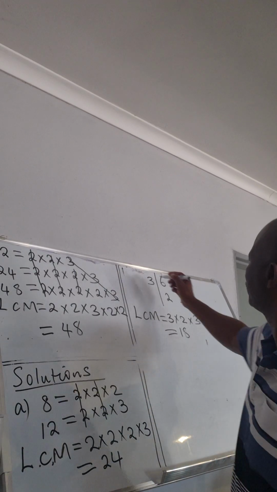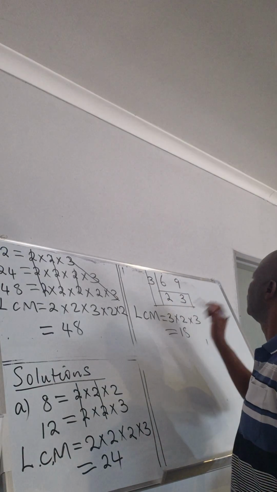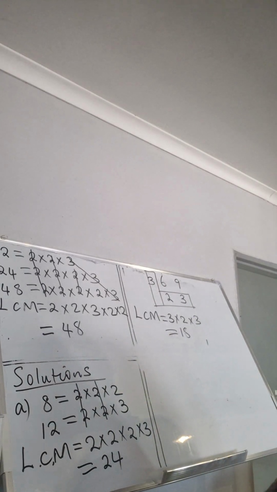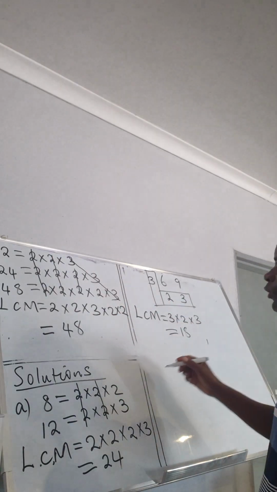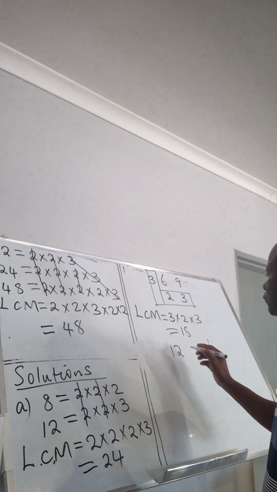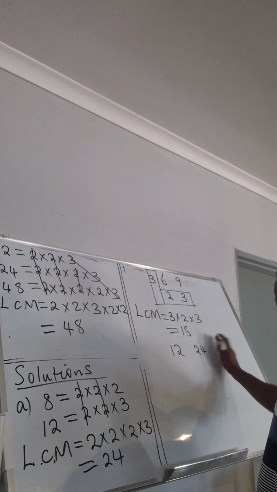You can form your L here like this. Then you multiply all those in the L. Right. Let's see if we can get the same thing there. On 12, 24, and 48.